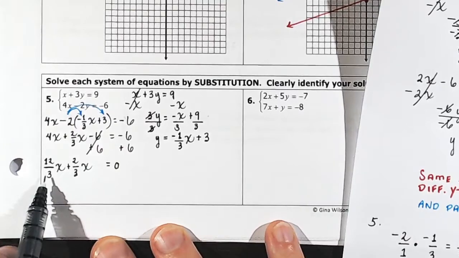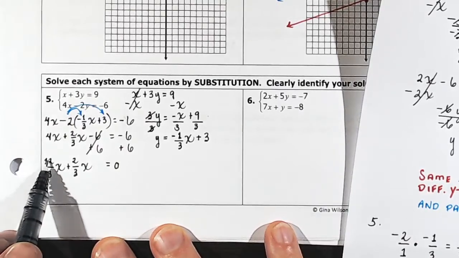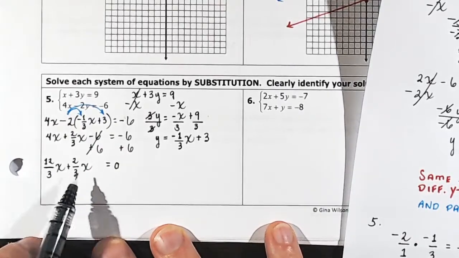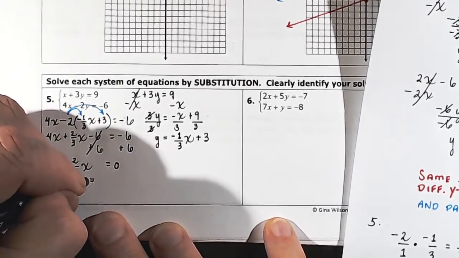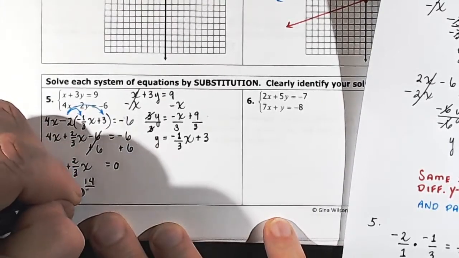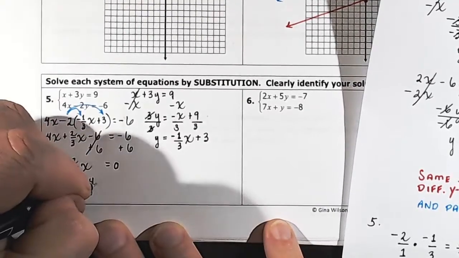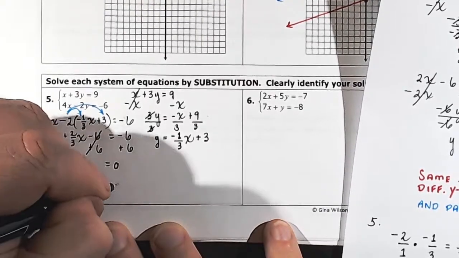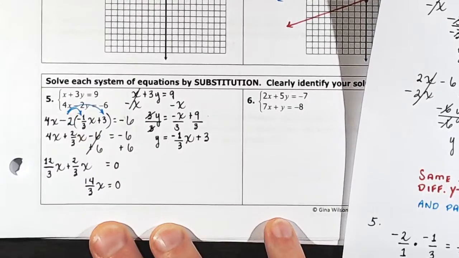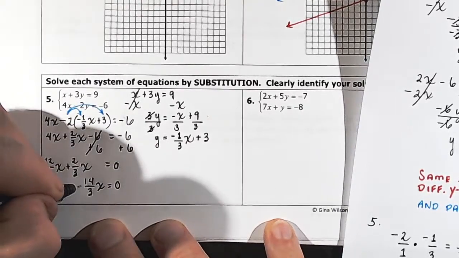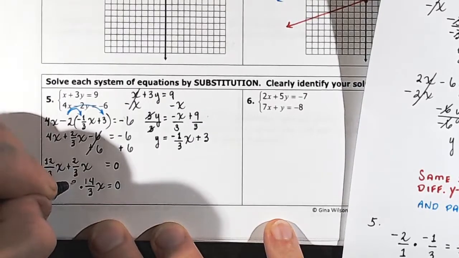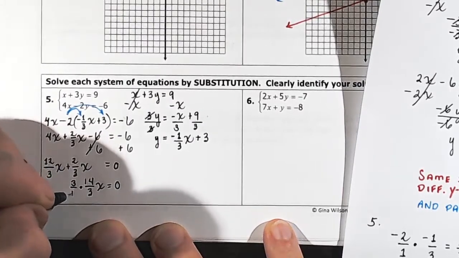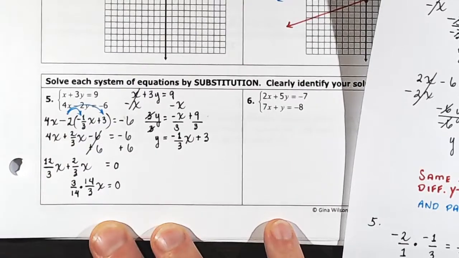Well, when you have common denominators like this, you just add the numerators. So that's 14/3 x. So I have here 14/3 x equals 0. And to get x by itself, I multiply both sides of the equation by the reciprocal of the x coefficient, which in this case would be 3/14.